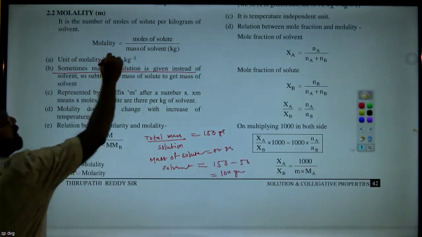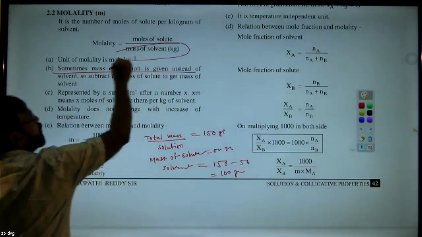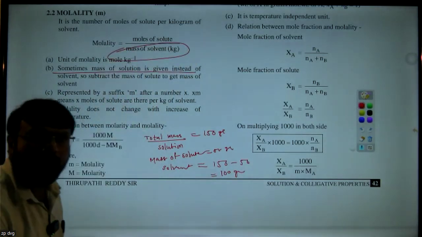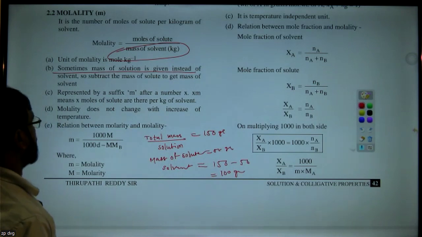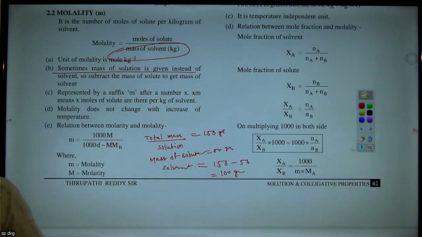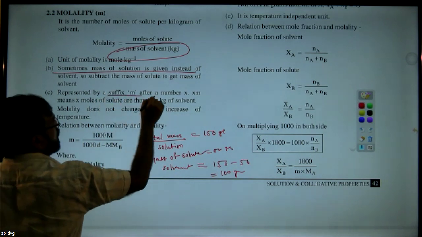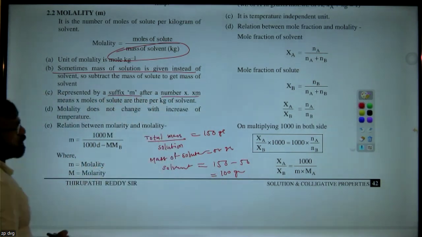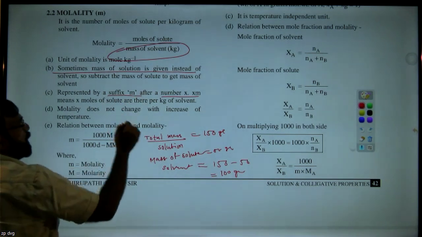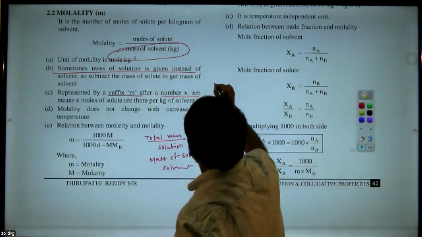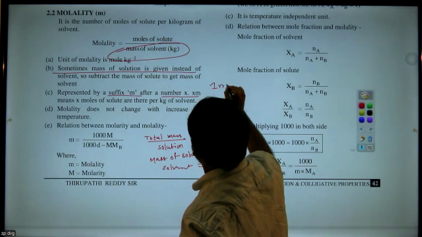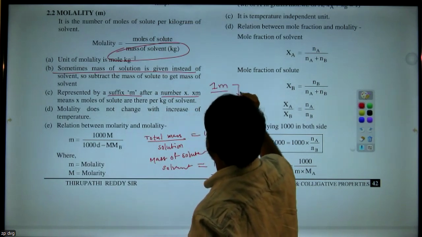So compulsorily in this formula, the mass of the solvent we have to use only in kilograms. This molality is represented with the suffix small m after the number. For example, here 1 m they given. What it indicates?